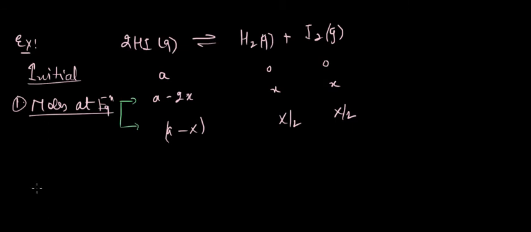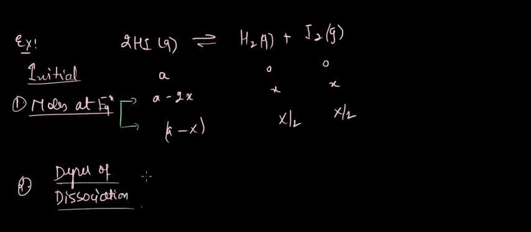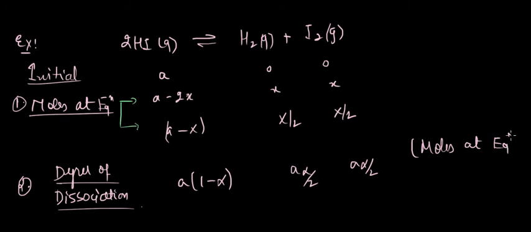Secondly, we can write it via the second method, degree of dissociation: A into 1 minus alpha, and A alpha by 2 are the moles at equilibrium, supposing that alpha is the degree of dissociation of HI.